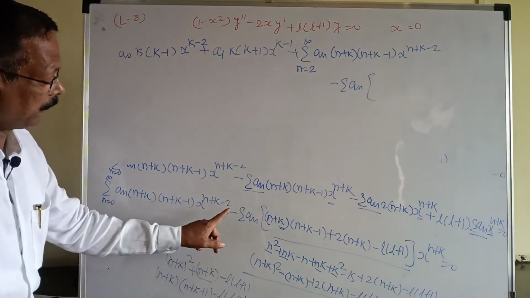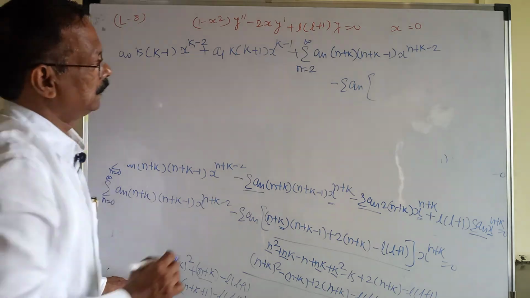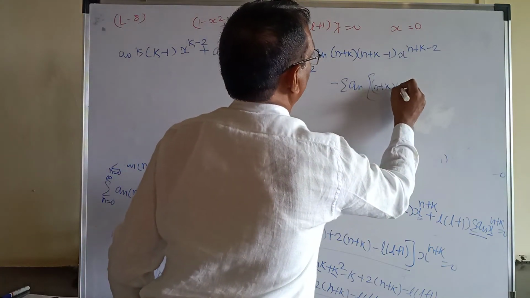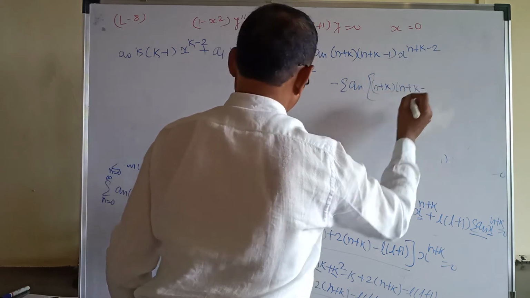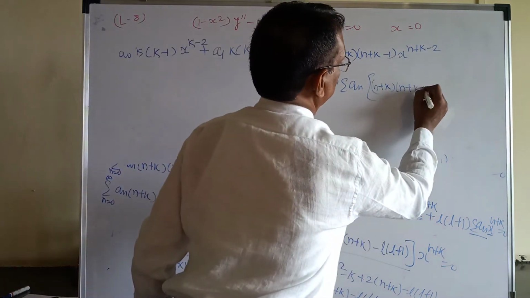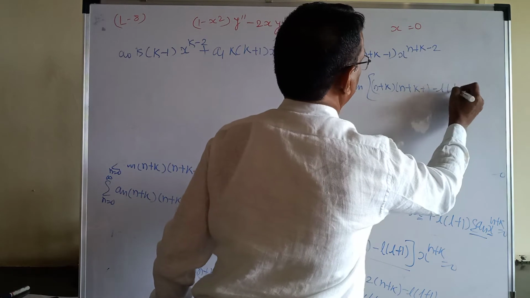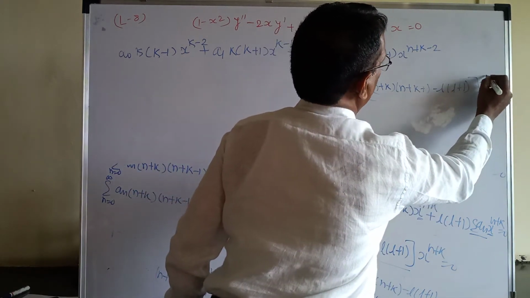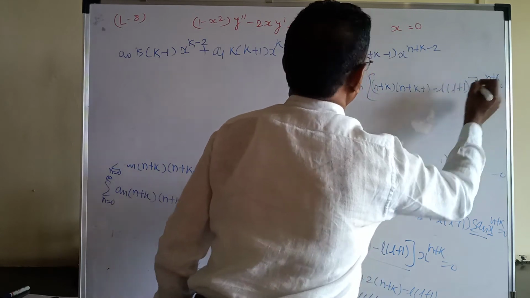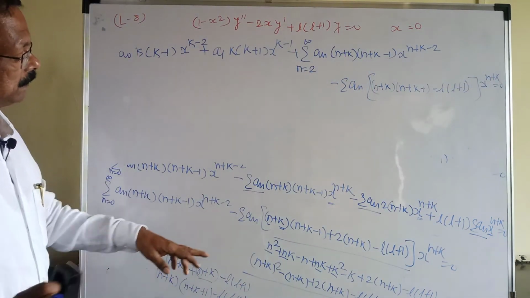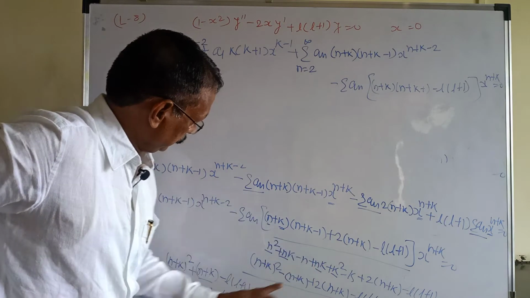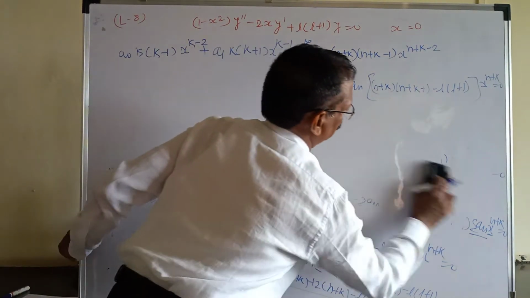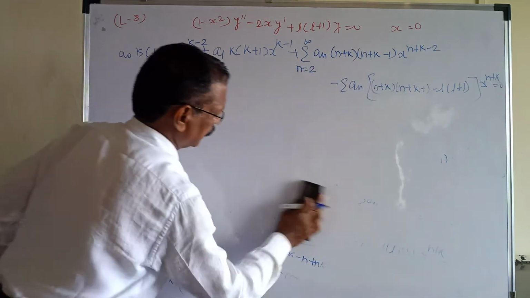So it is minus summation of n into (n plus k) into (n plus k plus 1 minus l) into (n plus 1), x raised to n plus k, and it is equal to 0. We replace this bracketed term by solving, so we get the next step.